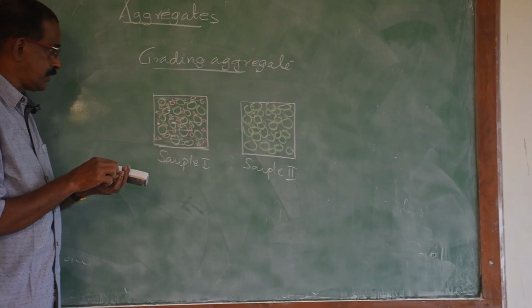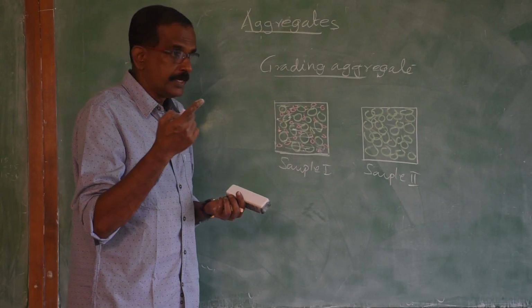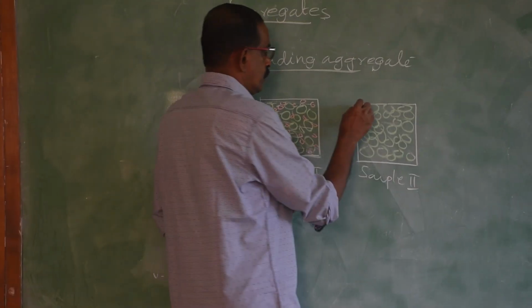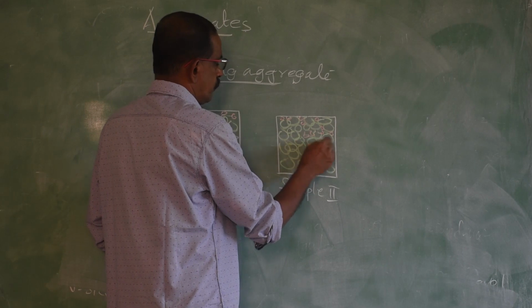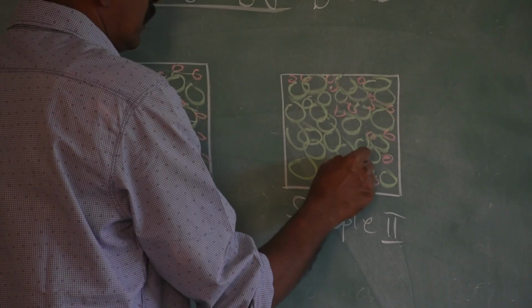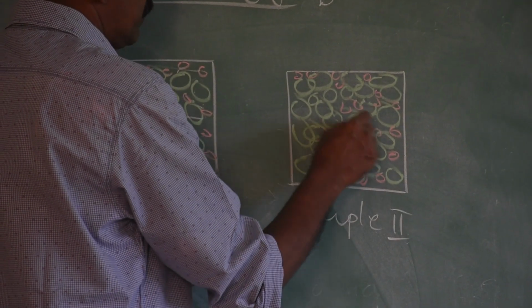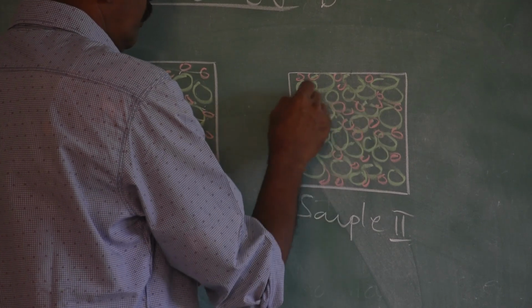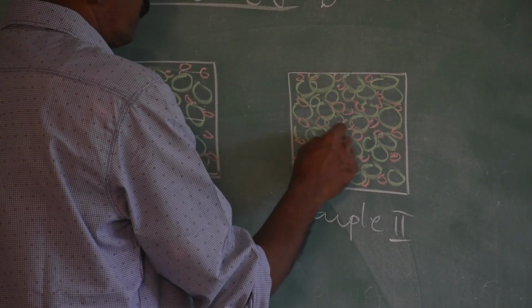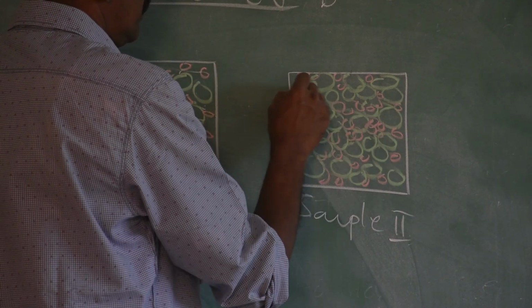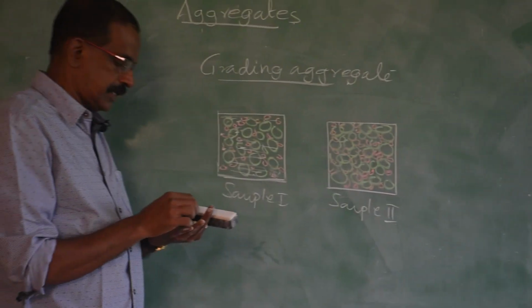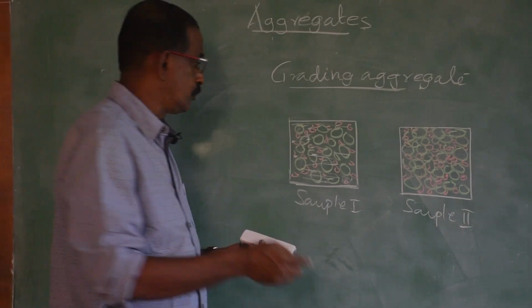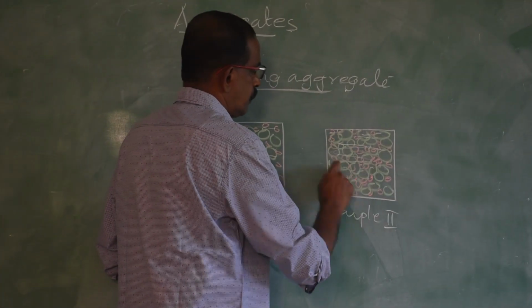To fill up those voids, I am using different sizes of fine aggregate, 1 mm, 2 mm, 2.2, 2.3, 2.4, 2.5, 3, 3.1, 3.5, 3.65, 4, 4.1, 4.2, 4.7, 4.74. Still gaps are there, and those voids will be filled by cement and water in concrete.